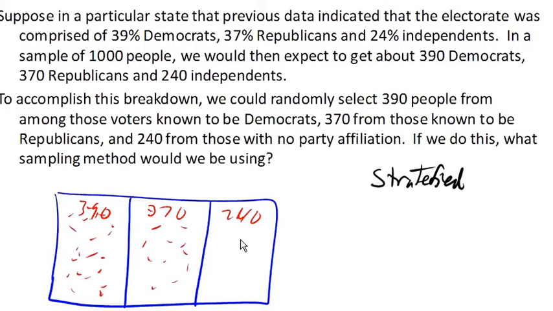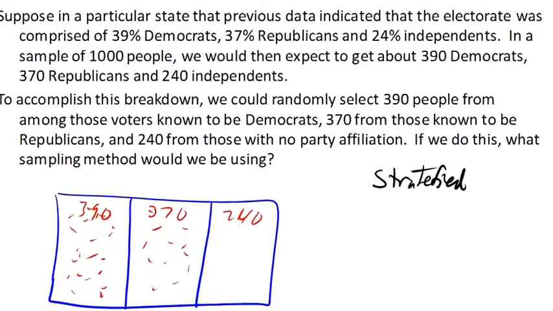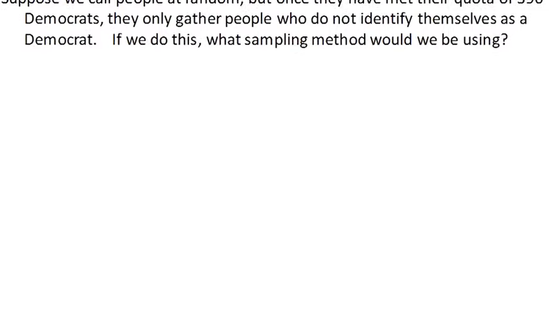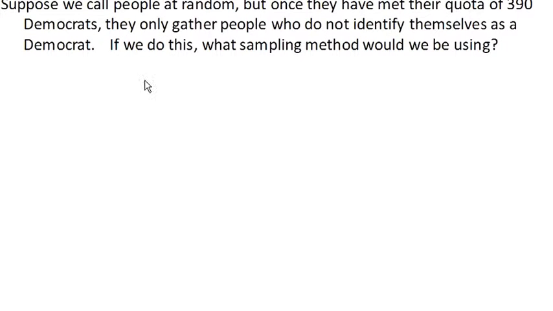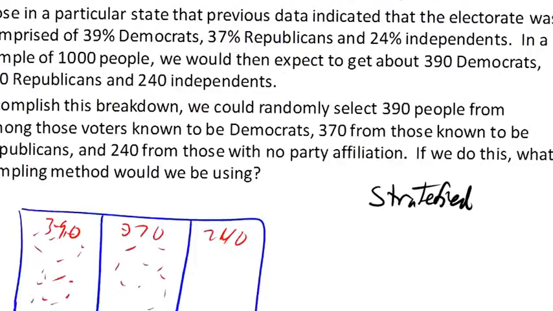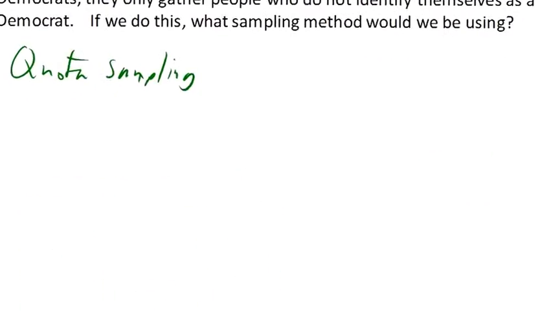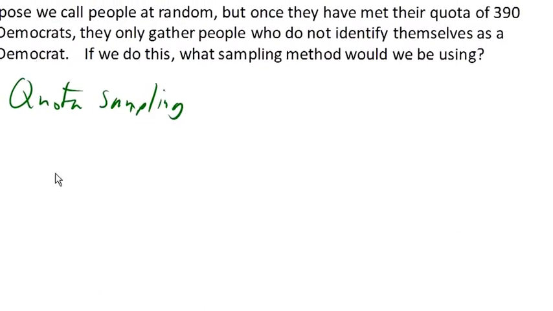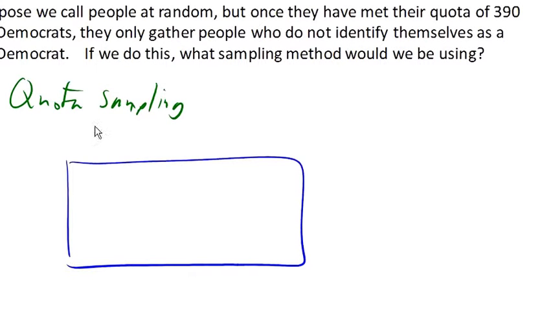Very similar to this is an idea called quota sampling. It works the same way, except instead of starting by dividing the population into groups, we just start randomly sampling people. So we go, okay, I'm going to grab you, and you, and you, and you, and we keep on going until we meet our quota of 390 Democrats.